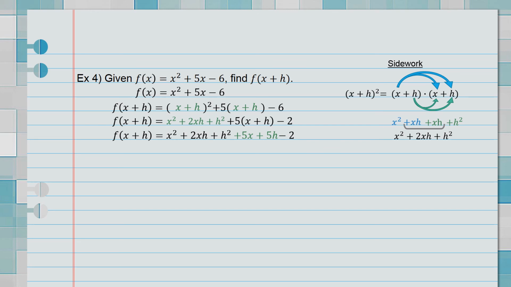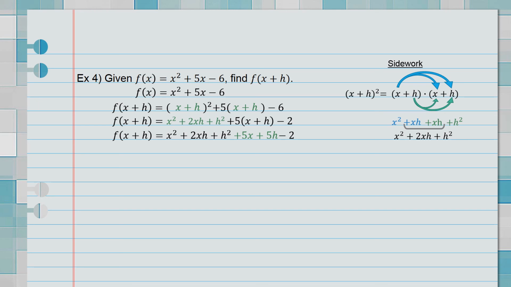We have no more multiplication division, so now we move to addition subtraction, which means, do we have any like terms? Well, do we have any other x squareds? No. Do you have any other terms that have an x and an h? No. Do you have any terms that have an h squared? No. How about just a plain x?